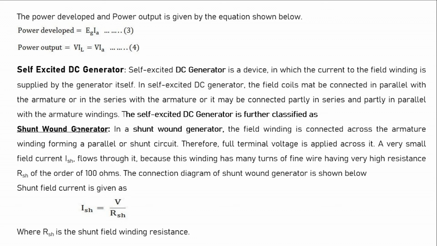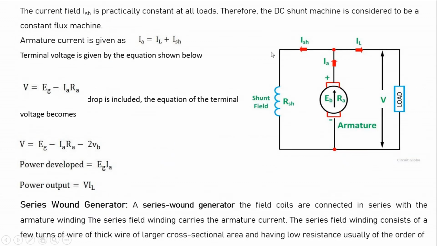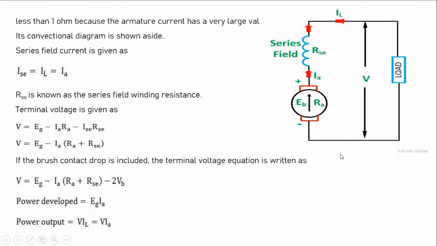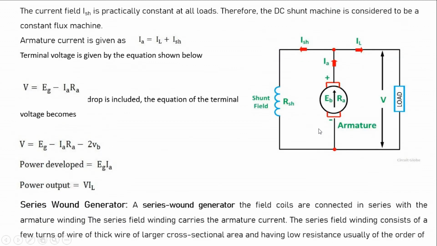When the field windings are connected in parallel with the armature, it is called a shunt wound generator. In a shunt wound generator, the field winding is connected across the armature winding, forming a parallel or shunt circuit, energized by the current produced by the generator itself.